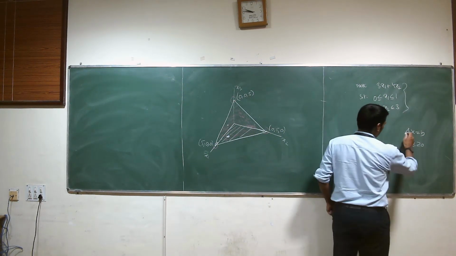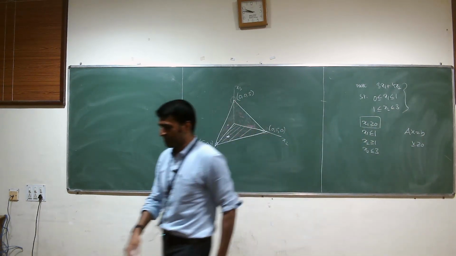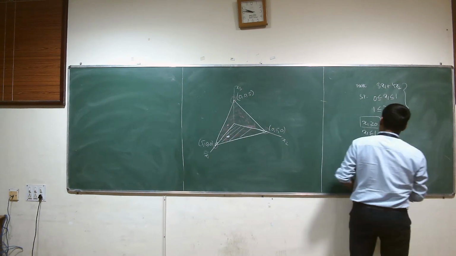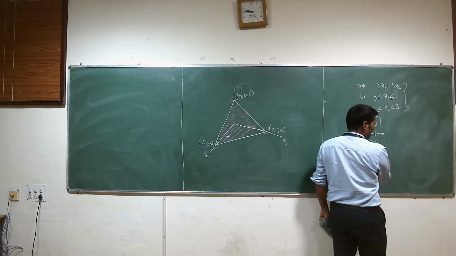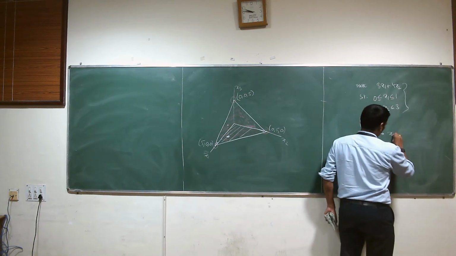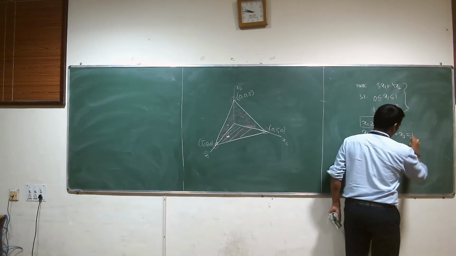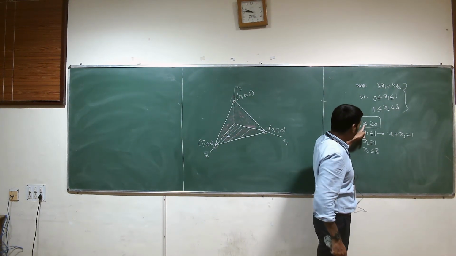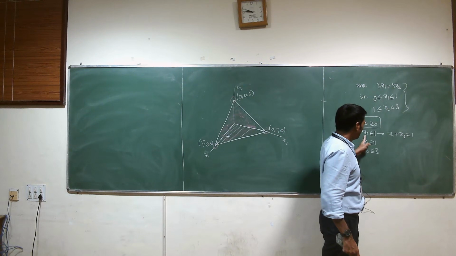Well, we could remove that so that I have space to write. If we add a dummy variable, well, we have x1, x2, let's say x3. This is non-negative. This is less than 1.